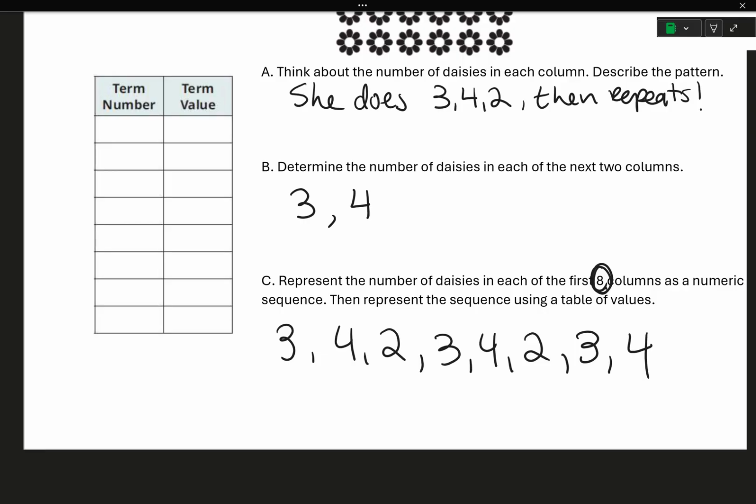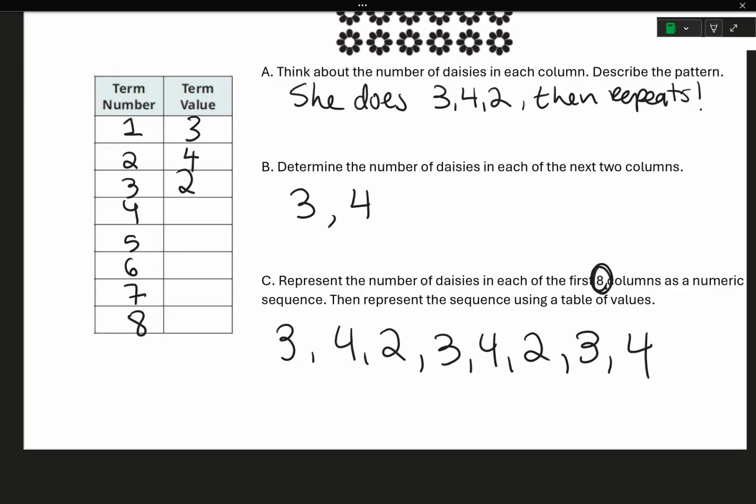When we put it into the table, since we're doing the first 8 columns, our term numbers are 1 through 8 because that's how many we're looking at. Our term value is the number that correlates with that term. So, term number 1 is 3. The second is 4.